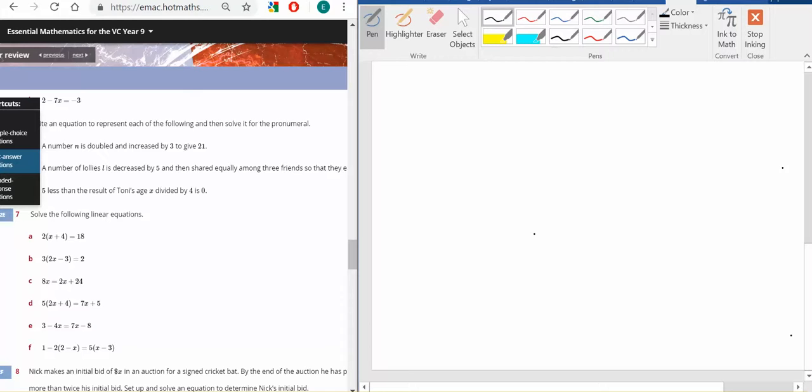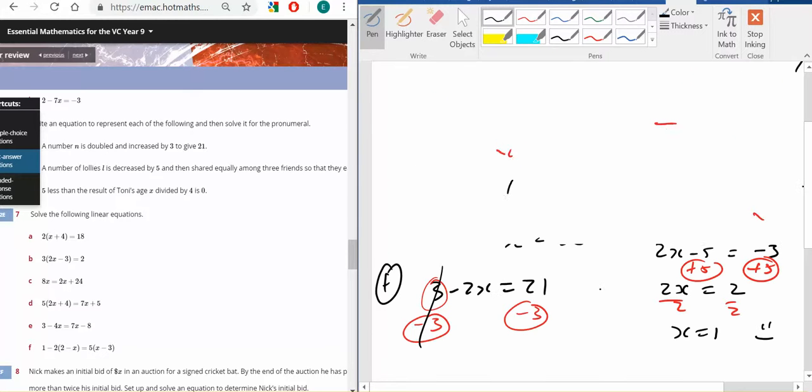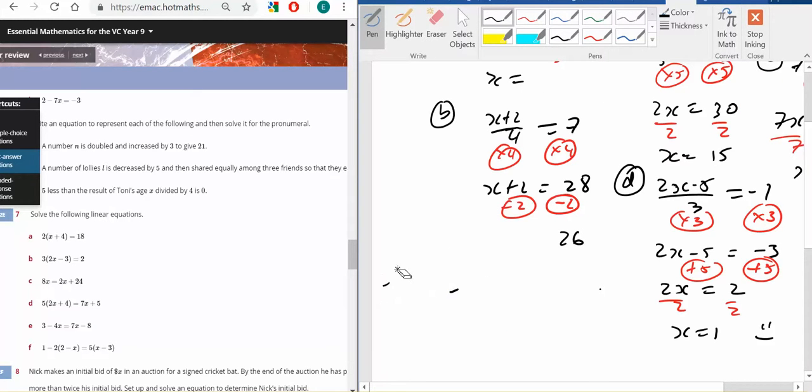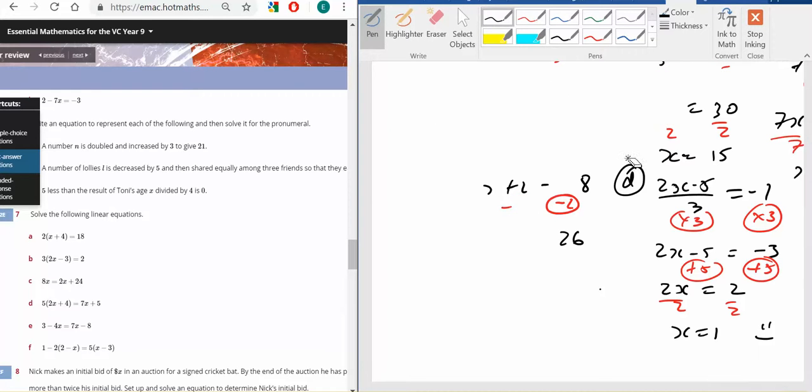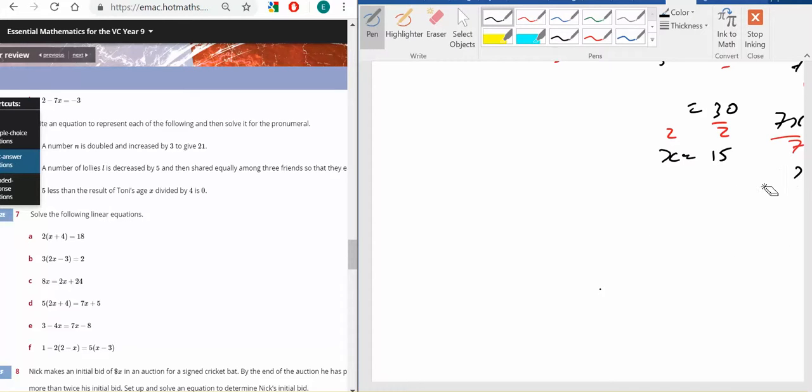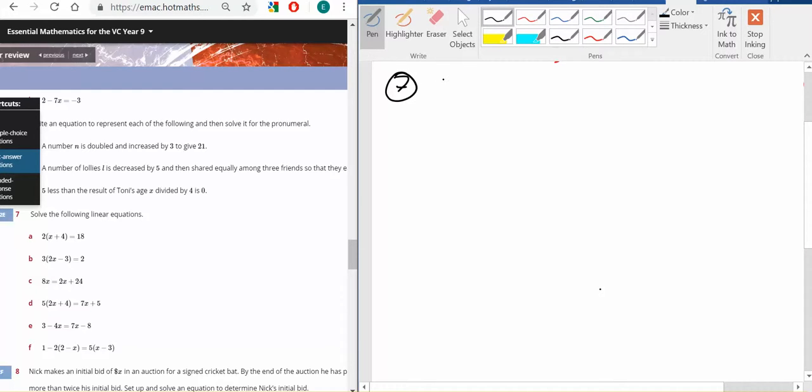So if I go up a bit, I'll just erase everything else. Okay, so question 7, let's get started.